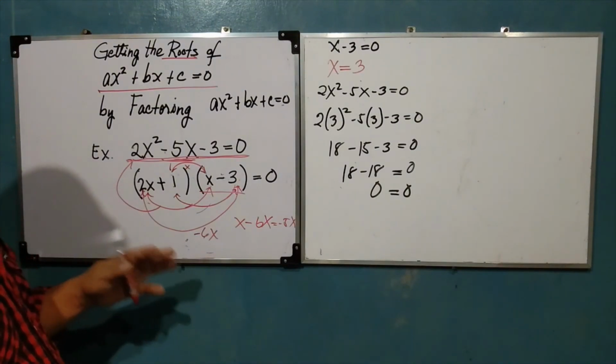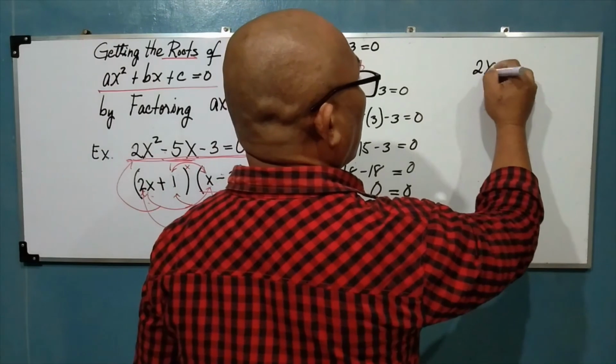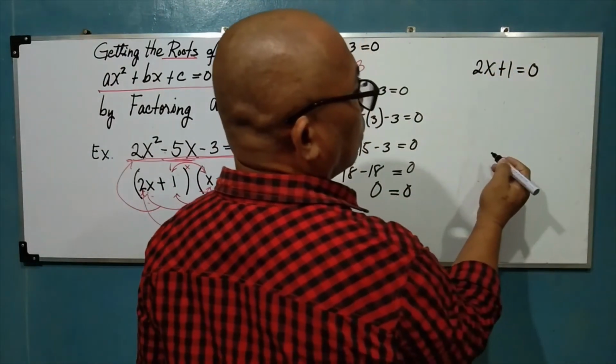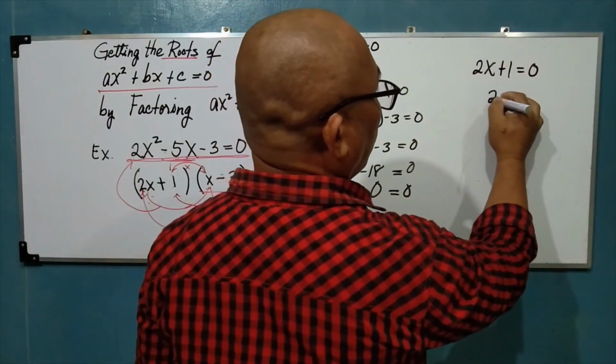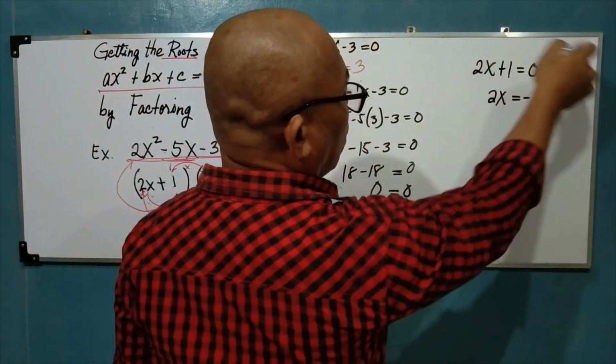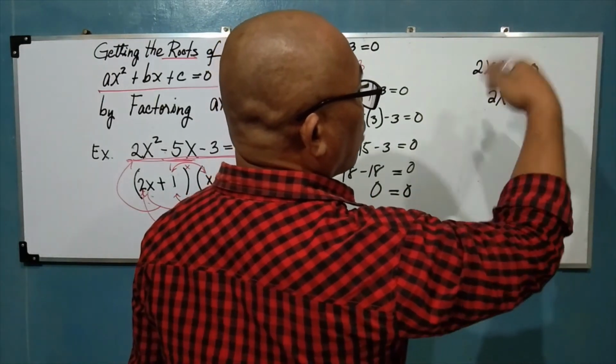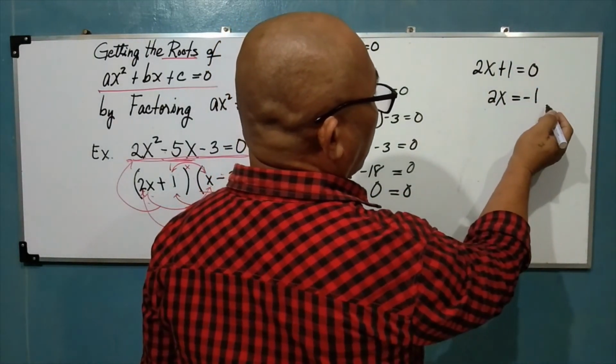You can continue to check if 2x plus 1 equals 0. You simply solve for x, so you have 2x equals negative 1 because you transpose that to the right side. And whenever you transpose a term from one side, you change the algebraic sign. So you get negative 1.